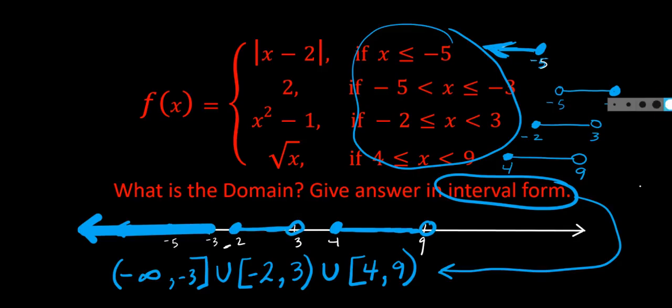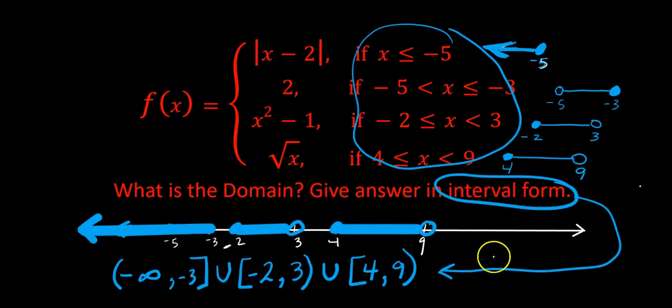So any number that lives in blue is allowed. And so that's a perfectly correct presentation of what the domain is on that number line.